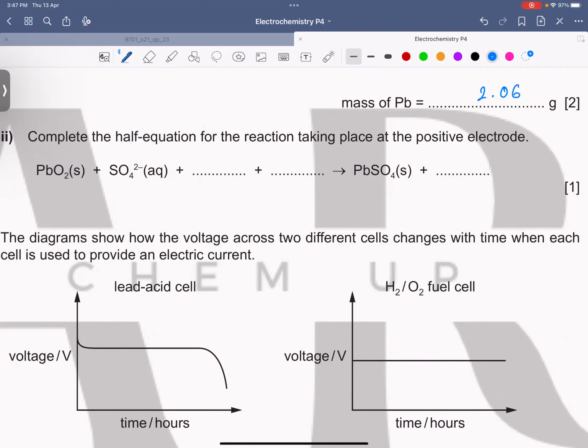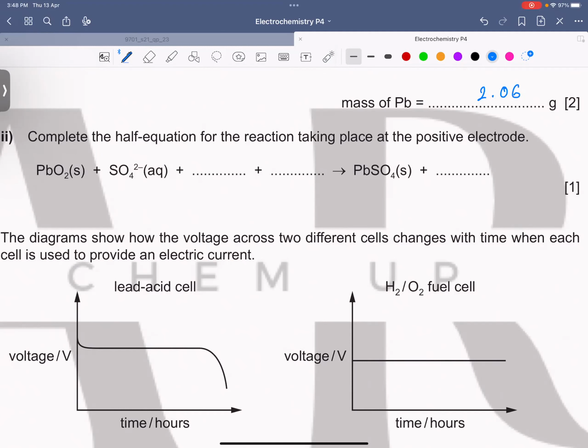Half equation means we have to show the equation that is there at the electrode, and they have mentioned that it's a positive electrode which means reduction, so you have to show the gain of electron. These are the half equations.